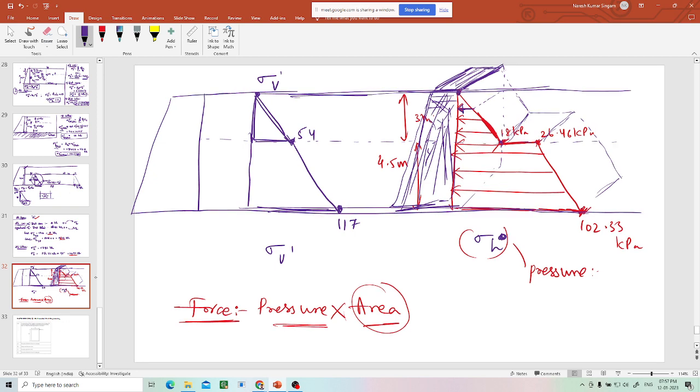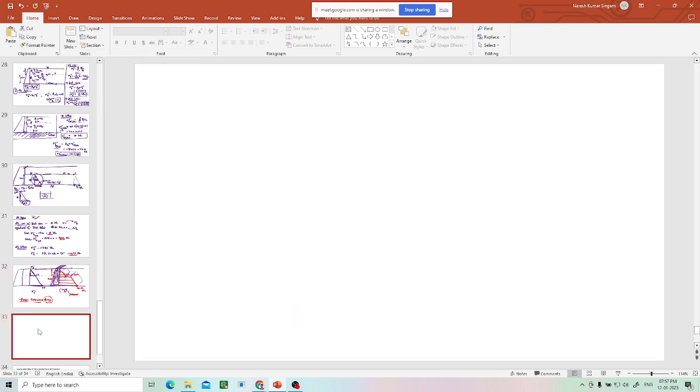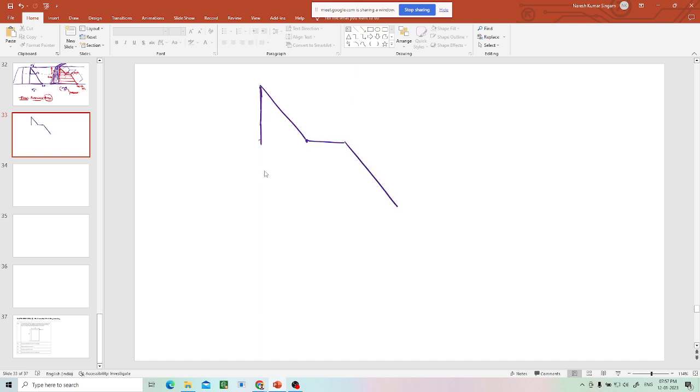Suppose I draw the same diagram. This is the pressure diagram. This is 18, this is 26.46, this is 102.33, and this is 0.